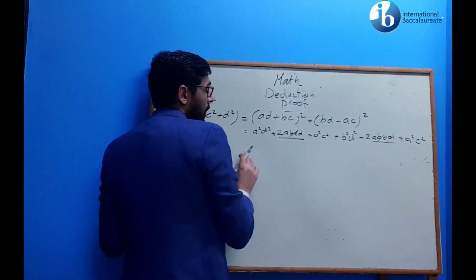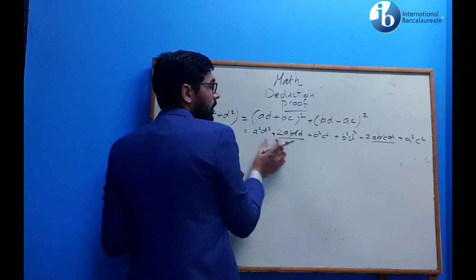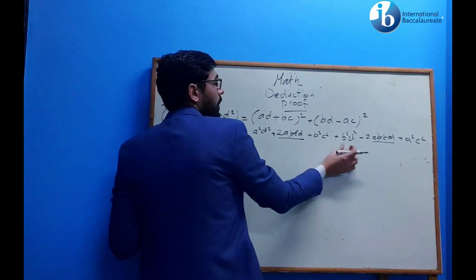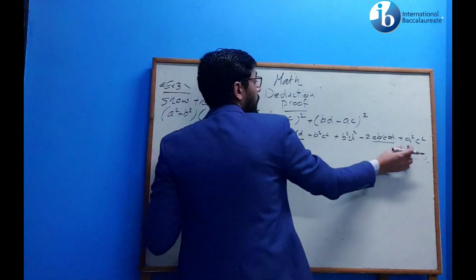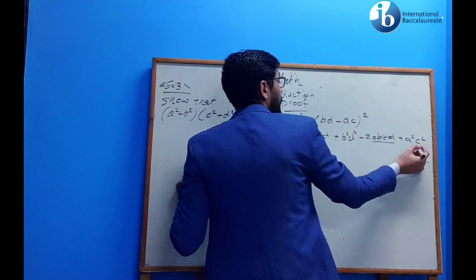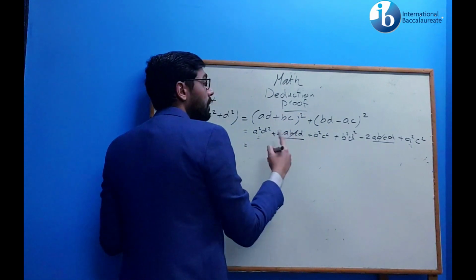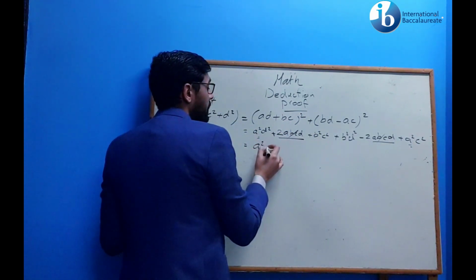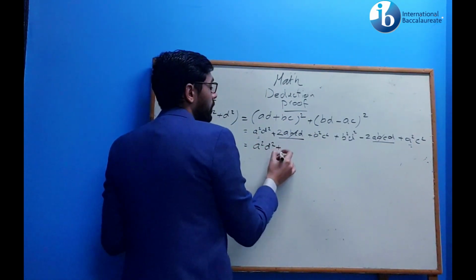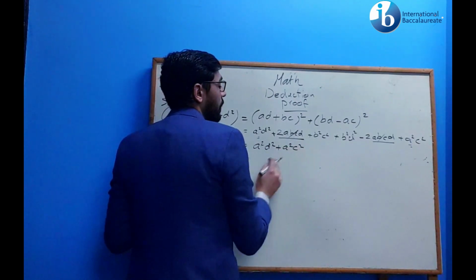And then we have a squared d squared, b squared c squared, b squared d squared, and here we have a squared c squared. Using the commutative property, we have a squared d squared plus a squared c squared.